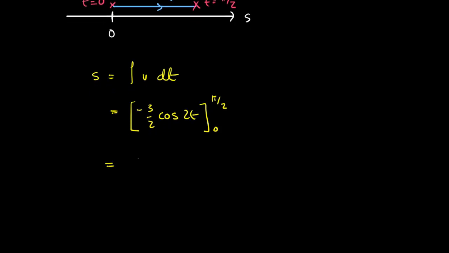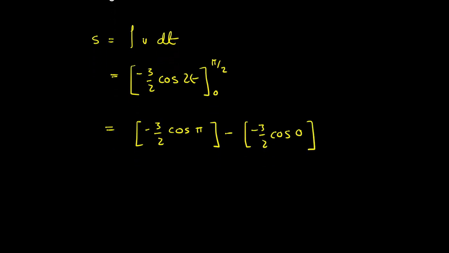So we substitute in negative 3 upon 2 cos pi, like that. Then we substitute in 0, so we get negative 3 upon 2 cos 0. Now, what is cos pi? Cos pi is equal to negative 1. So this is positive 3 upon 2 minus, what's cos 0? Cos 0 is positive 1. So we get plus 3 upon 2.